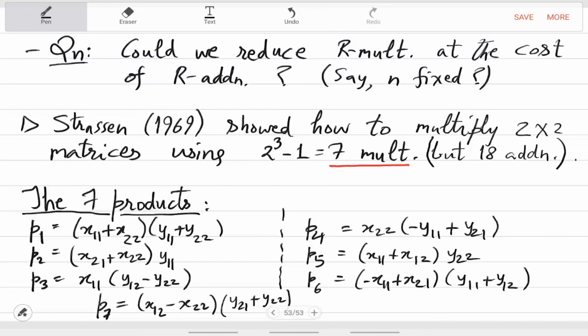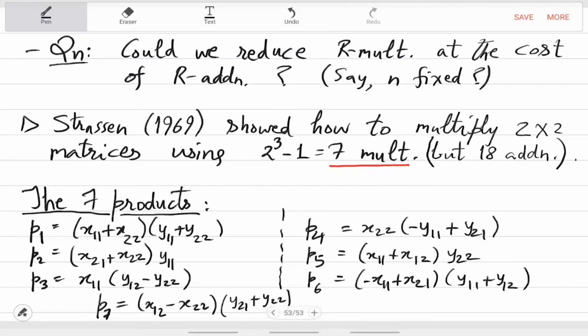So these are the 7 products that you have to compute. The idea is that instead of just computing x ik times y kj, which was just a monomial, you compute these products which use linear combinations of the x part and respectively the y part, and multiply those combinations. You can see that in all these products, x and y's are separated. They don't mix. And then there are equally magical combinations which will give you z.